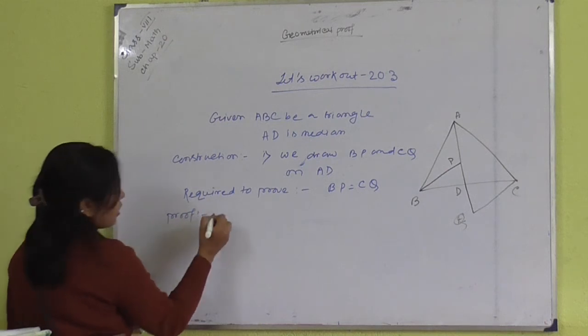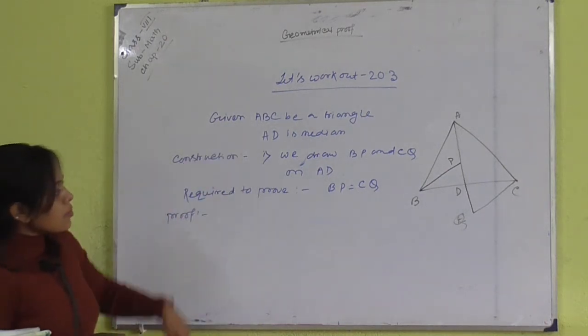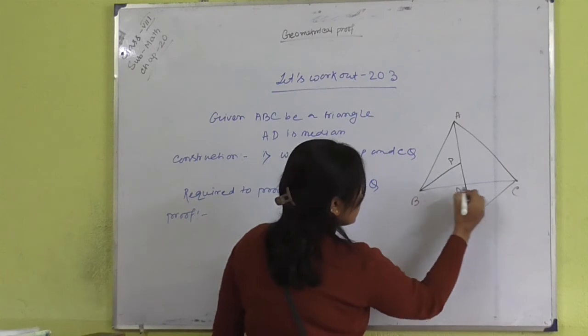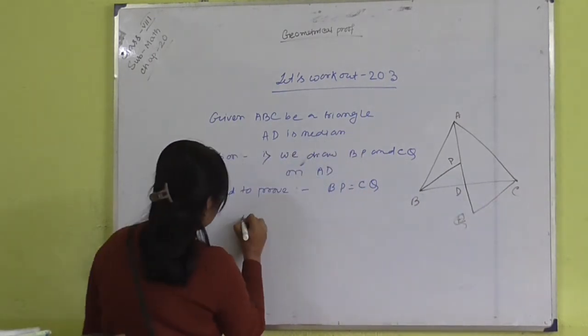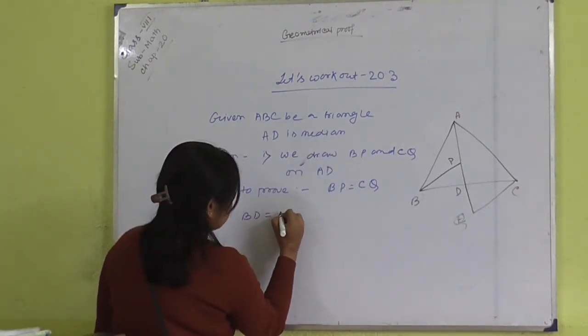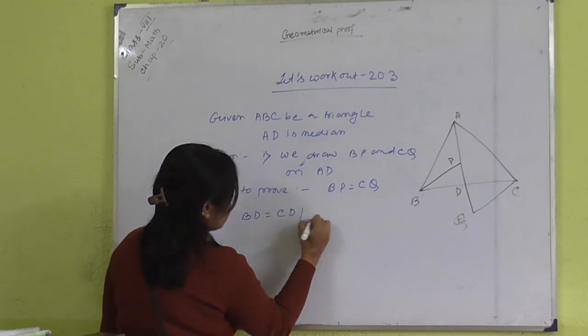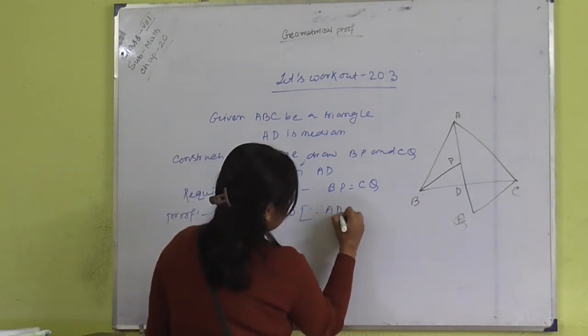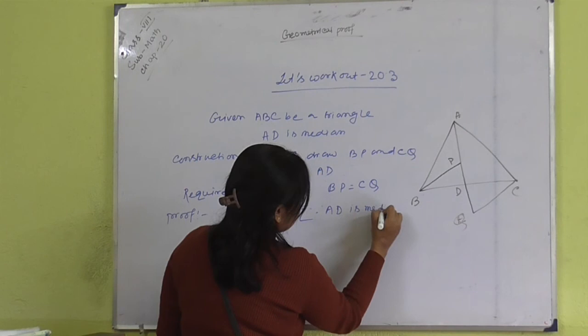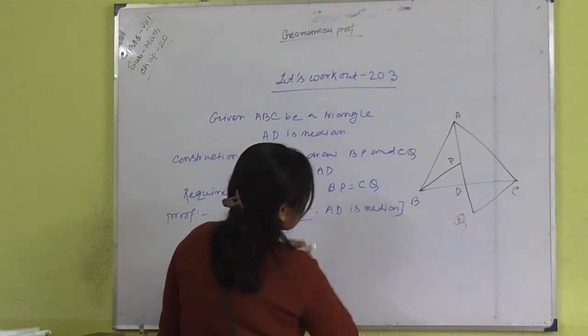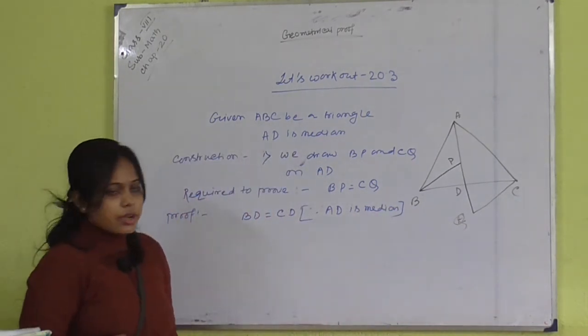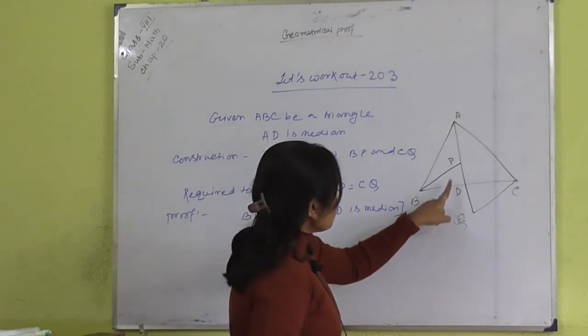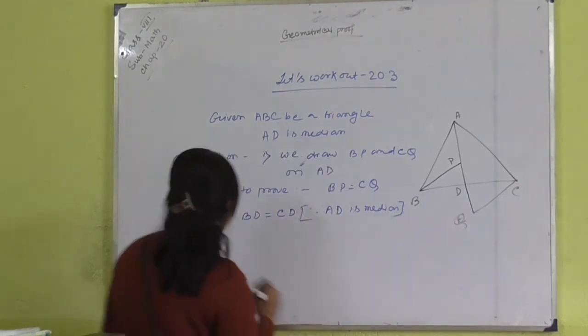Now the proof. Since AD is the median, BD and DC are equal. Now we consider two triangles, BPD and CQD.